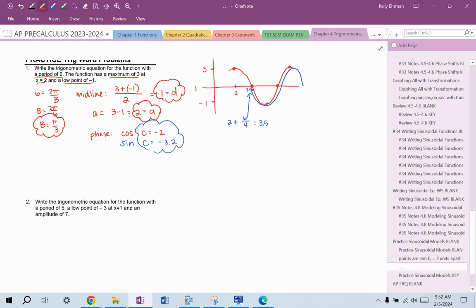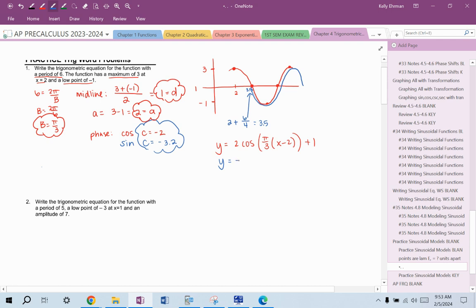So I'm just going to say for the cosine curve, y equals, it's a positive cosine curve, so the amplitude is 2. Cosine b is pi over 3. Always write it in this factored form, x minus 2 plus 1 for the midline. If we had to write this as a sine curve, it would be y equals the sine curve that I picked that's been shifted, that starts at 3.5.